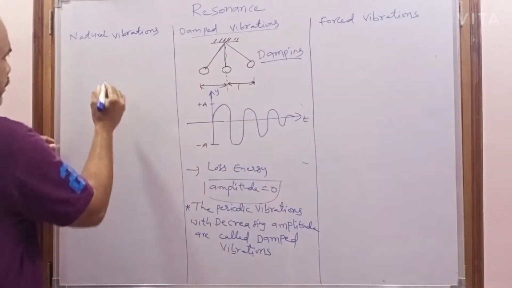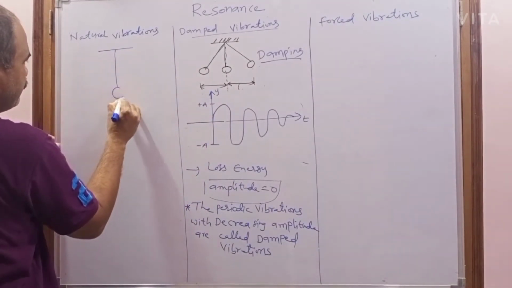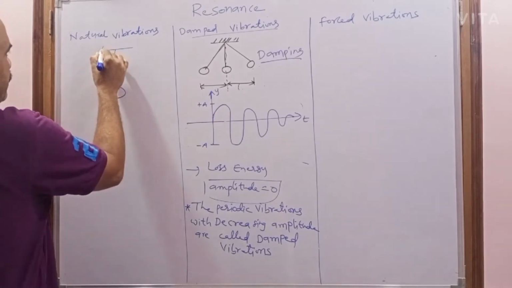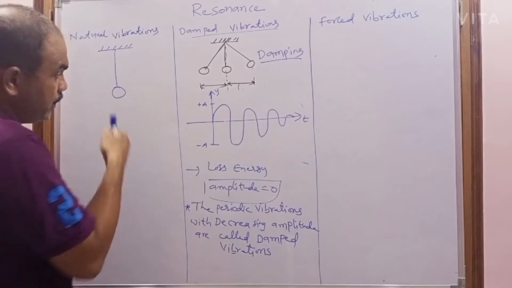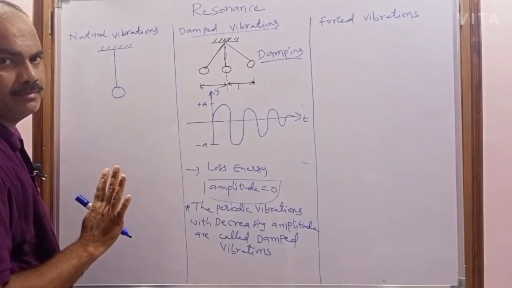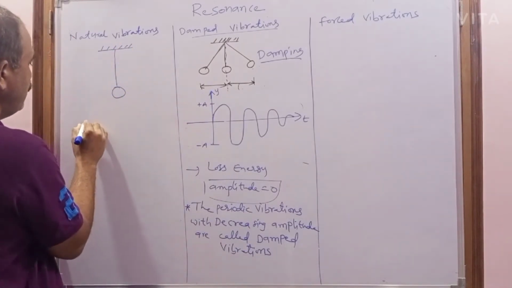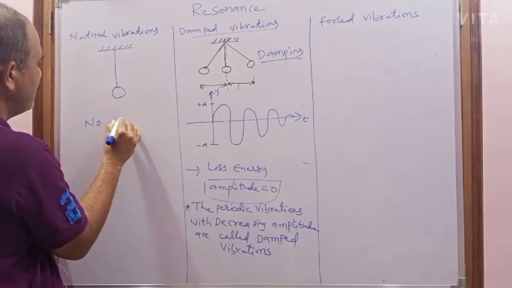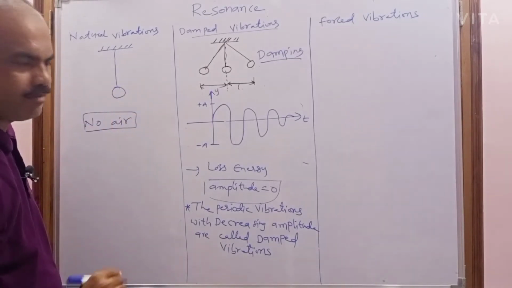Now consider the same simple pendulum, suspended from a rigid support. Initially, to set it into motion, I applied a force, pulled it aside, and after that left it free. Imagine there is no air around the simple pendulum, no medium, a vacuum.